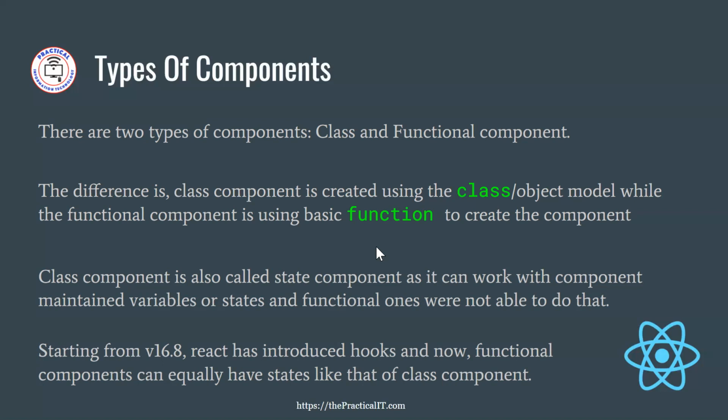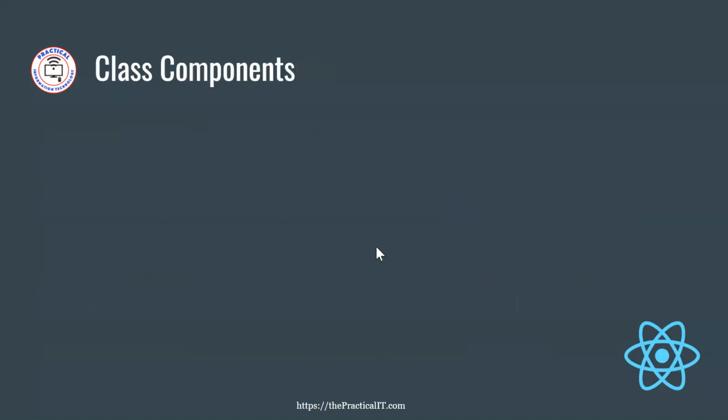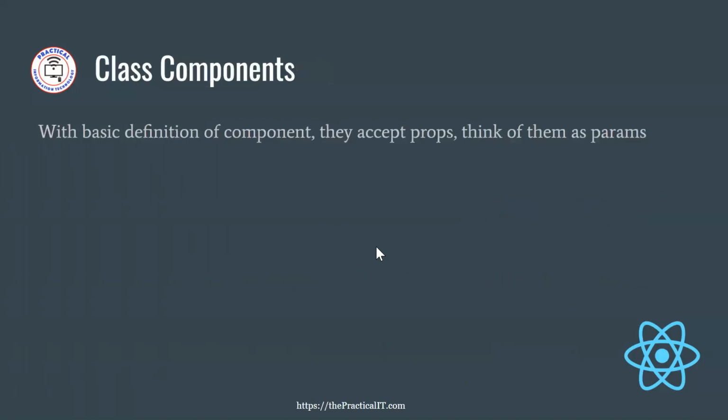Whereas starting from 16.8 and above, you have the option not to even create a single component that requires a class. You can have all functional components, and as of today, the default way of proceeding with a component is becoming the functional component because of hooks. So we're going to take a look at class components.